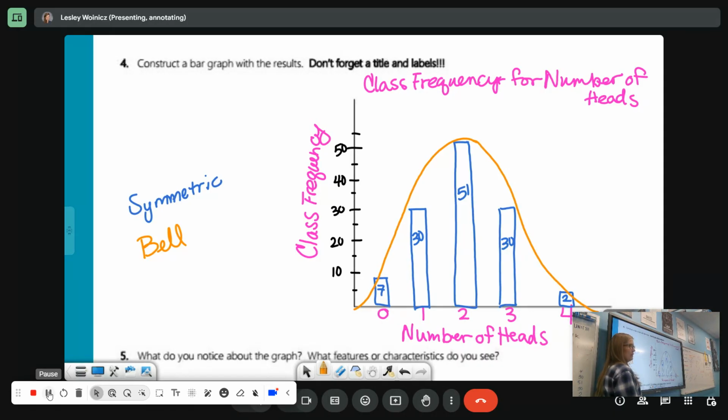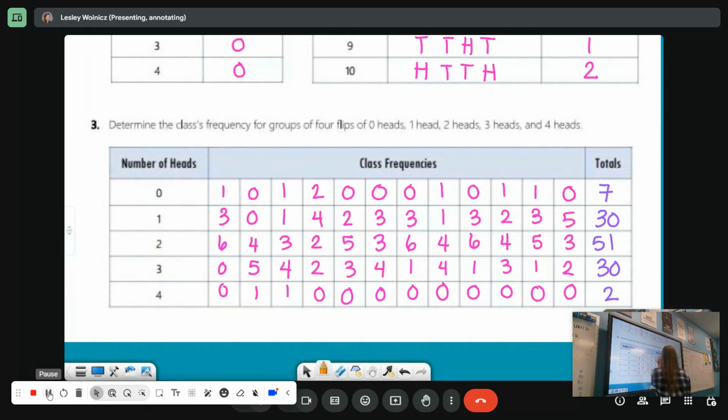Anything else we want to say? So when you look at individual frequencies, like mine was really lopsided towards not getting any heads, right?